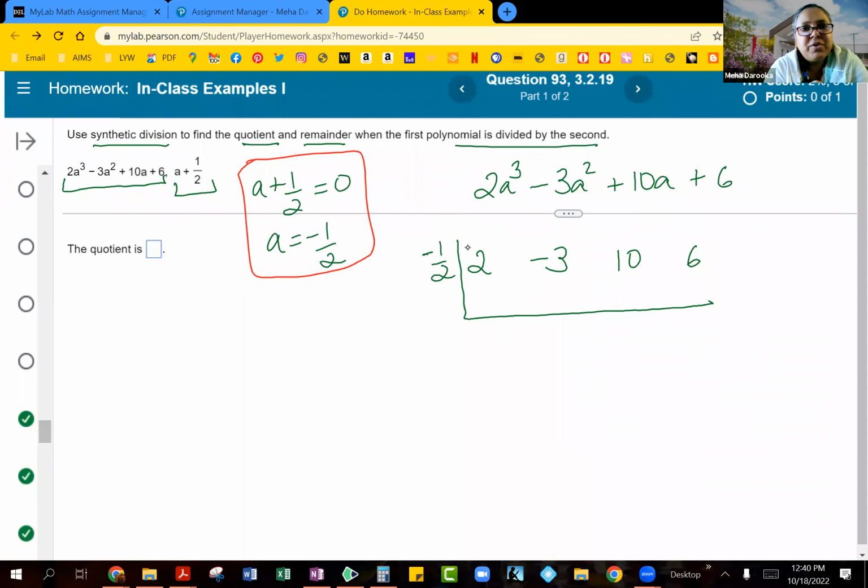So as I showed you before, again, just take that first number and bring it down as it is. You're doing no math on that. So just bring down that 2. And then now we start multiplying. So you are multiplying 2 times negative 1/2. Can you tell me what that comes out to be?